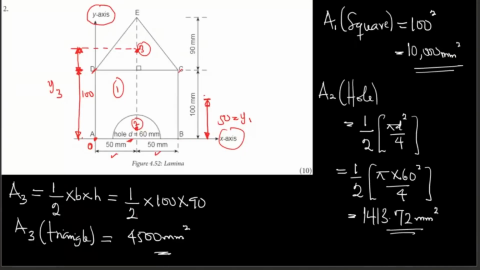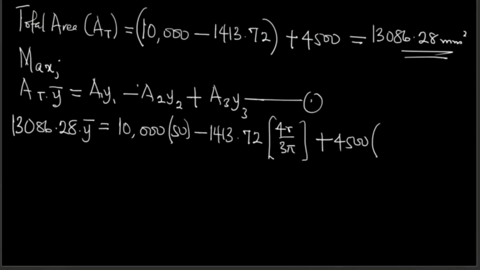So if you go back there, that's going to be 1 over 3 of 90. That's going to be 30. So this distance here is 30. 30 plus 100 is 130. So you now come here, your Y3 is 130.